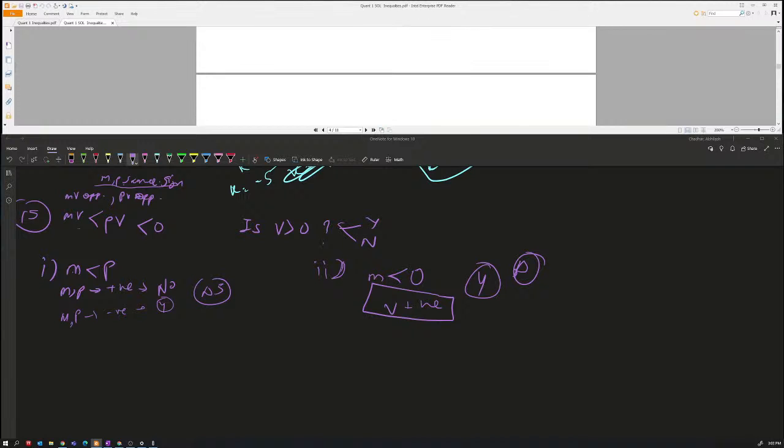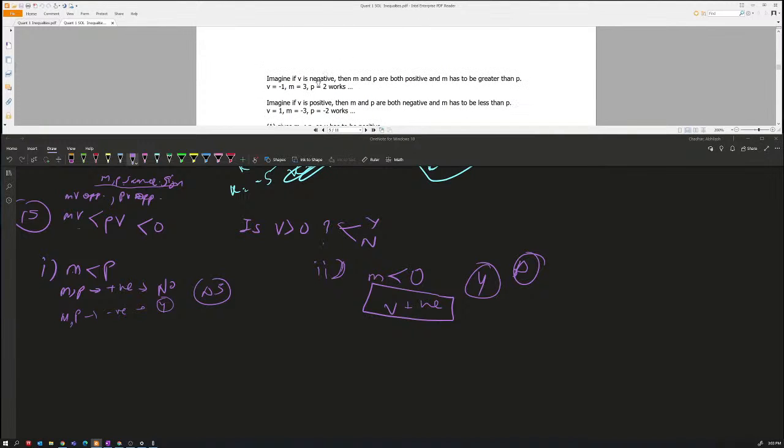Let's see. Imagine if V is negative. Let's imagine V negative, and then M and P are both positive. Then it works.